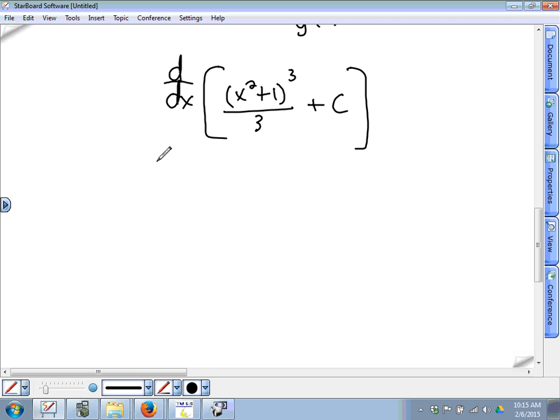I think I know what we're supposed to do. Right? So we're going to run a chain rule first. And the inside function is 2x.